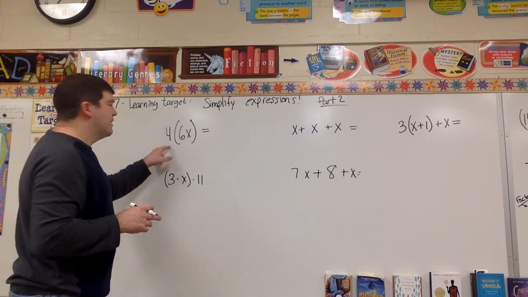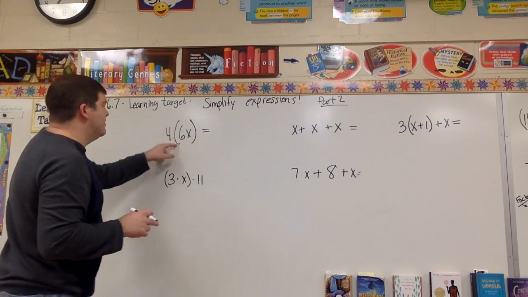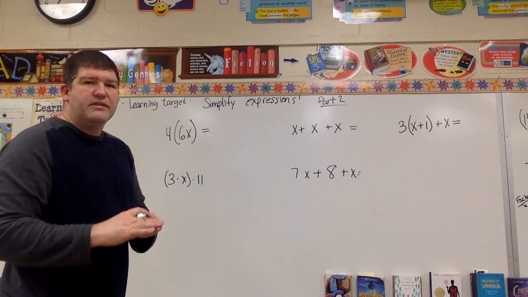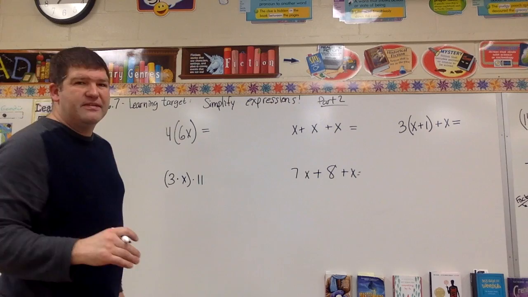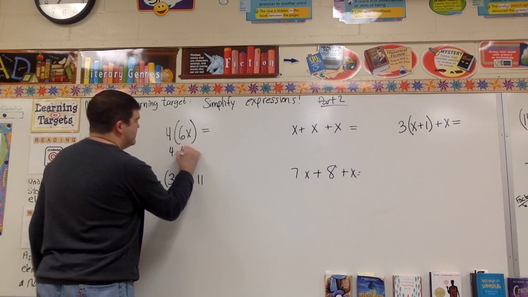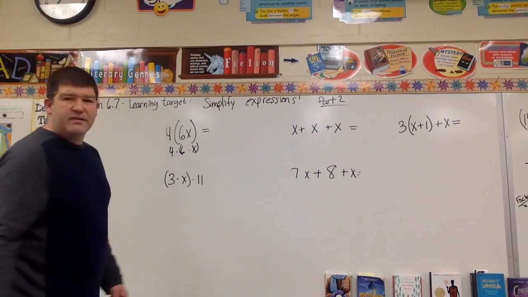And I'll show you how I can put these together. The reason I can do this is with the associative and commutative properties. Because basically what this is, it's 4 times 6 times x.